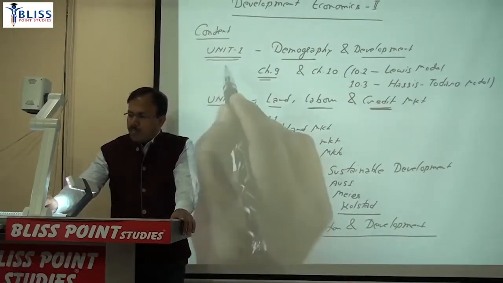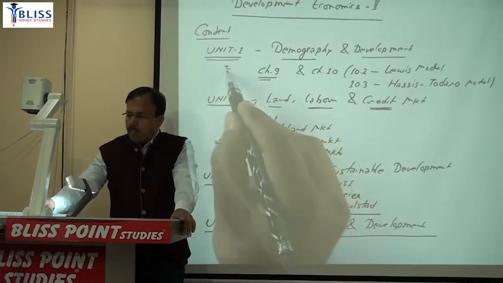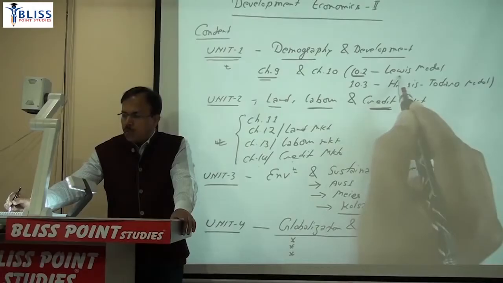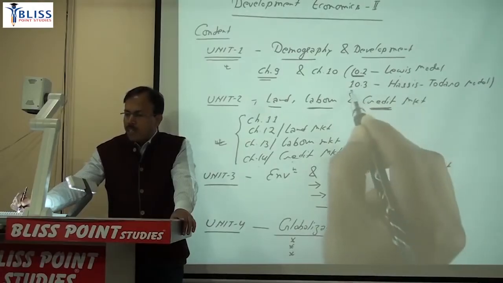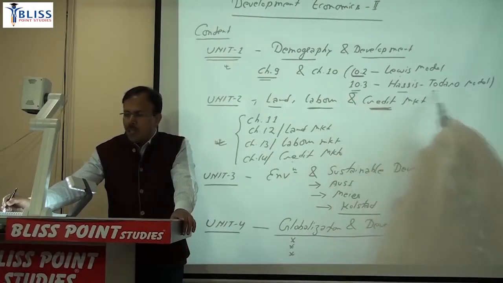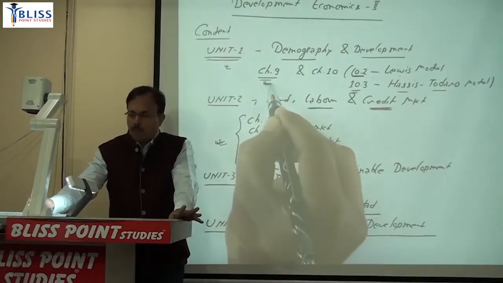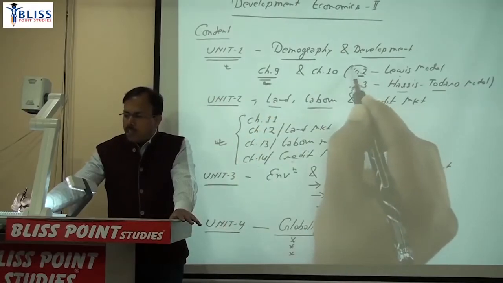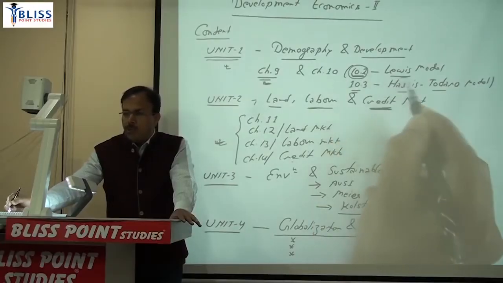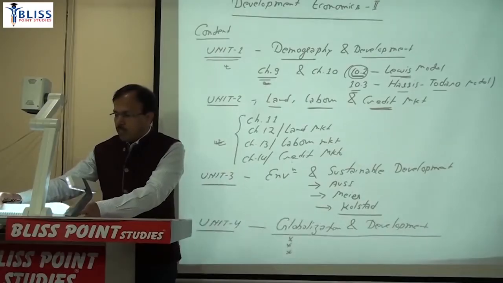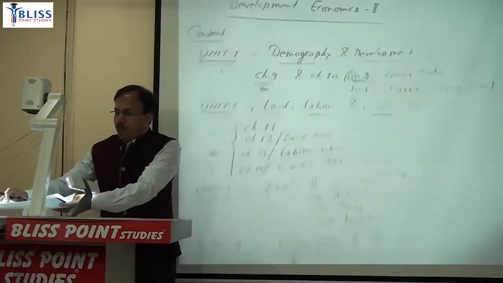So we will start with this unit number 1, but in unit number 1 I will start with this 10.2, that is Lewis model first. After that 10.3 Harris-Todaro model. After that chapter number 9 population and economic development. So you will start with this 10.2 Lewis model. So from next page make this study of Lewis model 10.2.